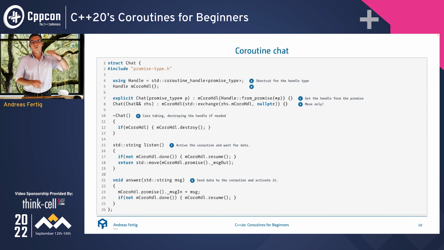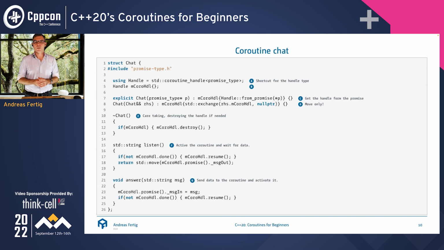And then you see the two functions, listen and answer. Okay, listen in line number 17 asks whether the coroutine is already done, and if not, it resumes the coroutine. And after that, it uses the handle and calls the function promise on the coroutine handle, getting back a reference to the promise type, and then it accesses the well-known message out variable and moves that one as a return result out of listen.